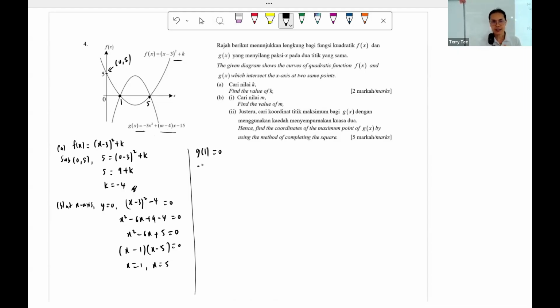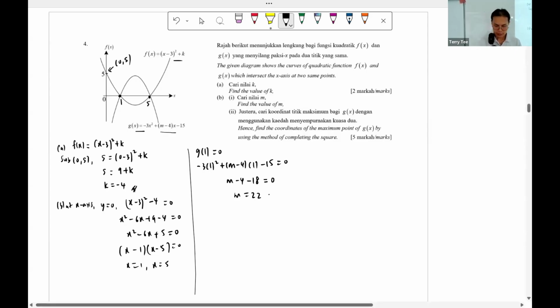So let's substitute inside: minus 3 times 1 squared, plus m minus 4 times 1 minus 15 equals 0. This m minus 4, I cannot do anything, leave it first. Minus 3 minus 15 is minus 18, correct? So m minus 4 equals 18, which means m is 22. Okay?